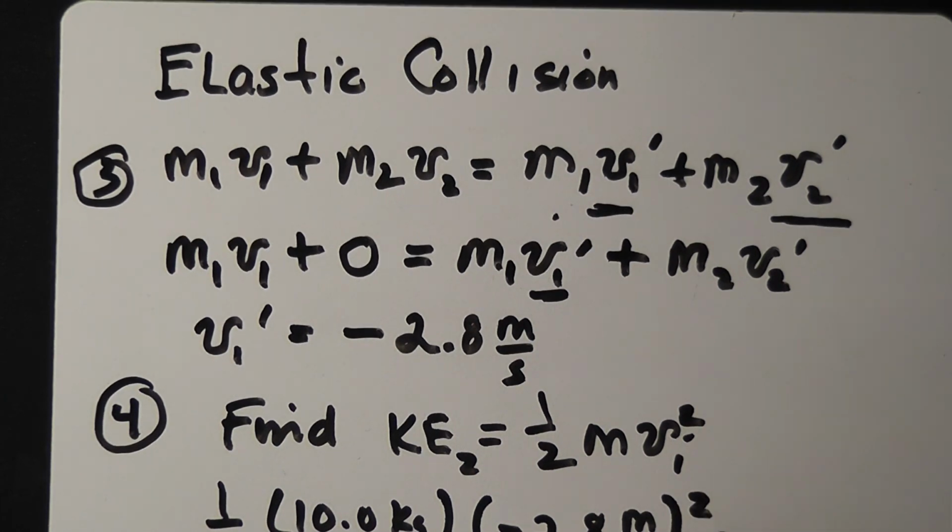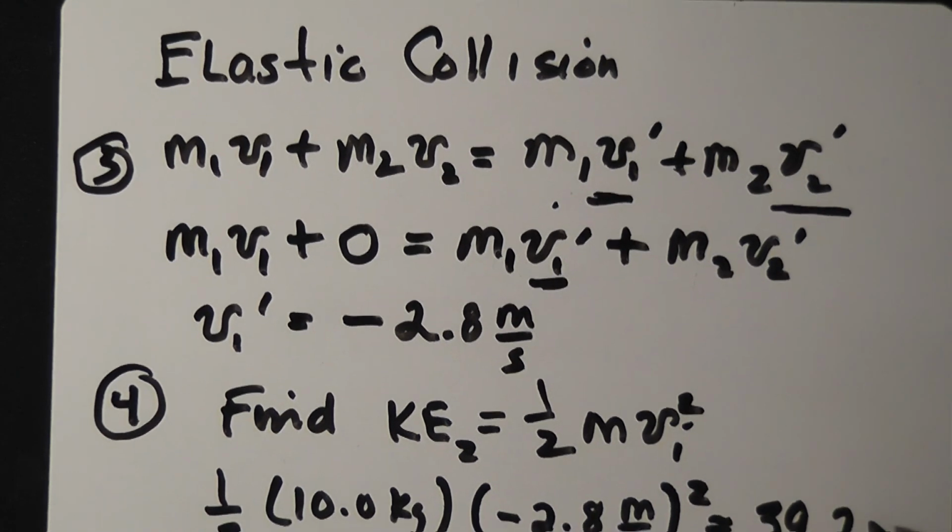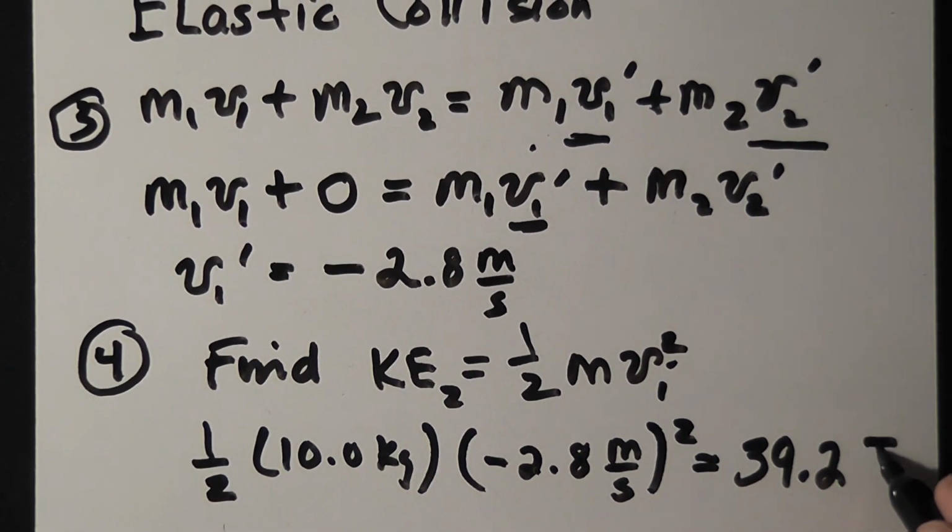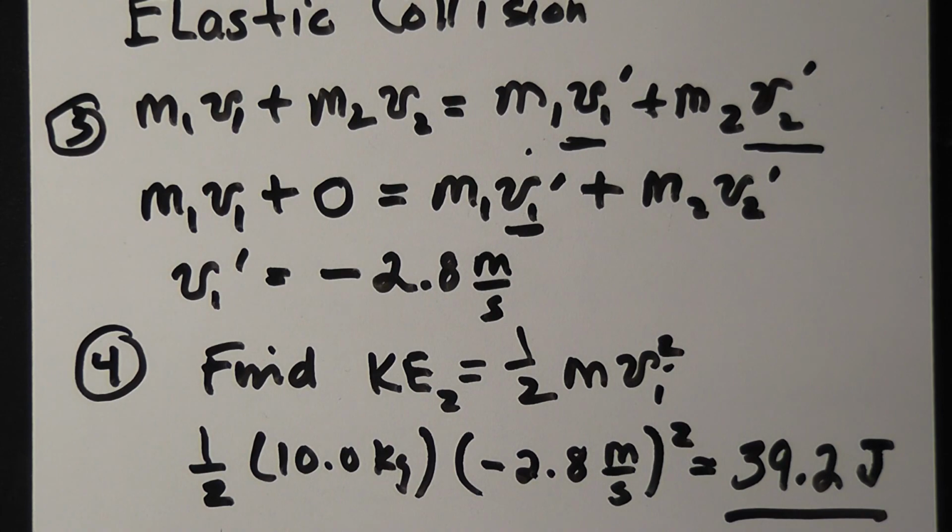And this gives us a kinetic energy of 39.2 joules. Okay, so that's the energy in the opposite direction.